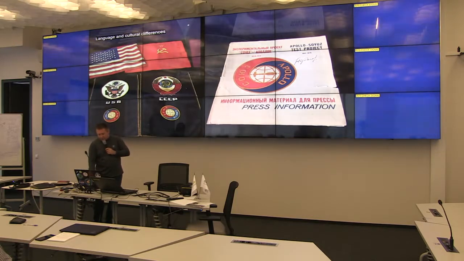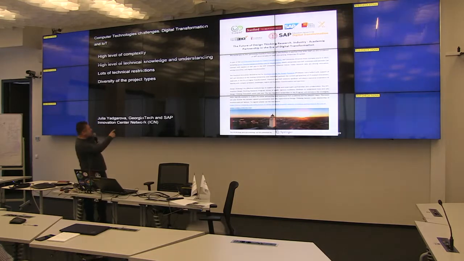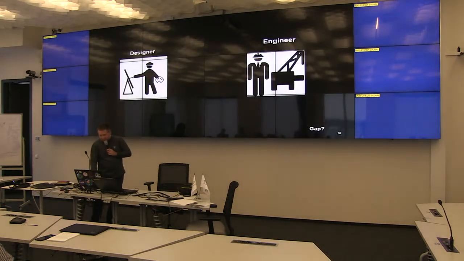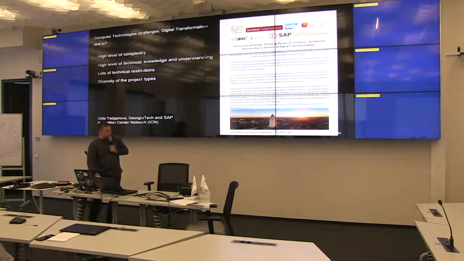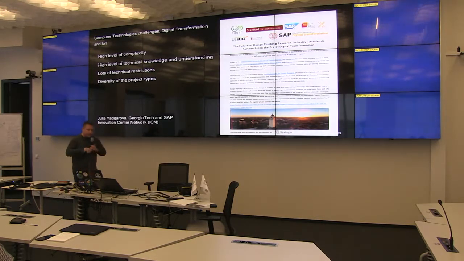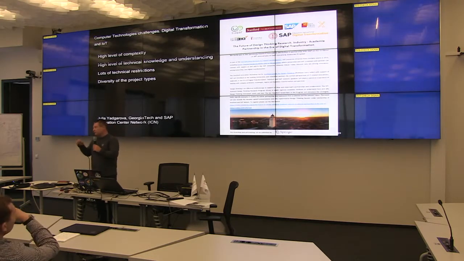And one more thing I want to show you: in design thinking, we're also looking for IoT elements. This is research run by my Ph.D. student, Julia, when she was at Georgia Tech, and now she's in Potsdam at the SAP Innovation Center Network. Design of IoT architectures can be really challenging.